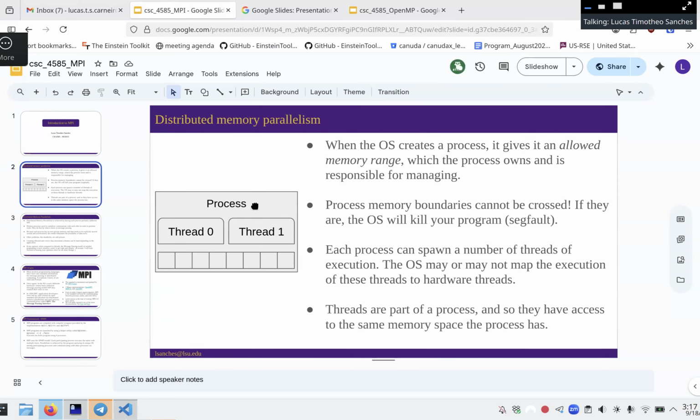But let's suppose that somehow we can make it so that these two independent processes communicate in some sense. And by communicating with each other, we can complete a task in parallel, right? The paradigm that implements this sort of thing is the message passing paradigm, right?